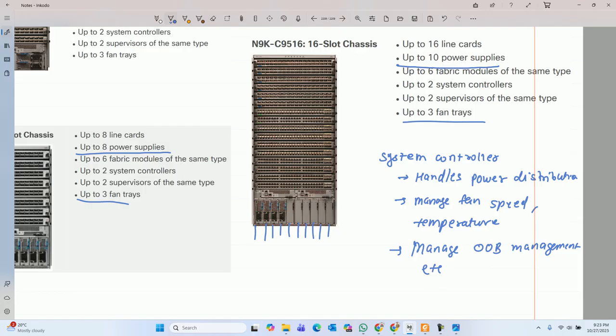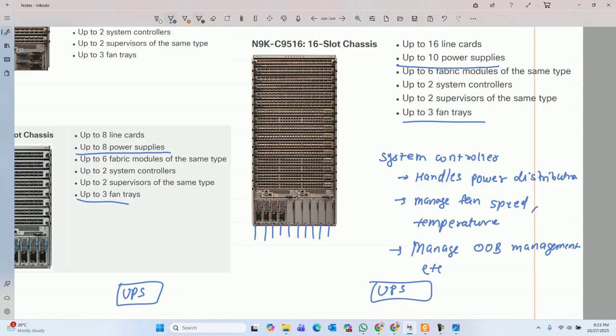So in a data center network, the power supply does not go directly to the devices from the main power supply. We always have a UPS in between, and that UPS will take care of the power supplies. And in a highly critical network, we might be using two UPS.